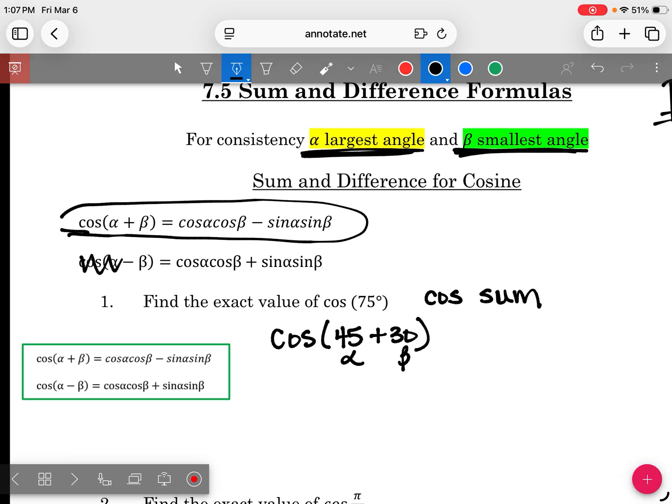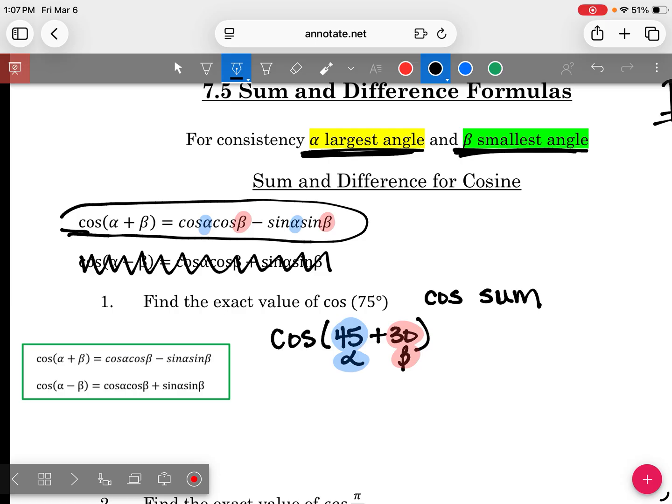So I'm not using this one. So what that means is every place in this identity where you see an alpha, I want you to put a 45 in this spot. And every place where you see beta, I want you to put a 30 in this spot. So let's go ahead and write it out.